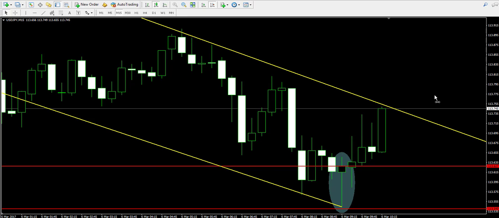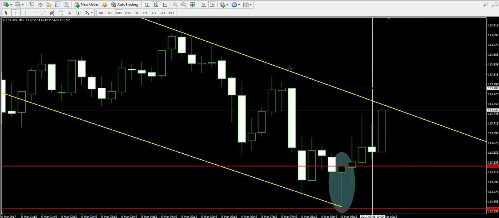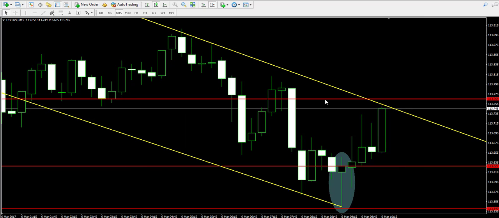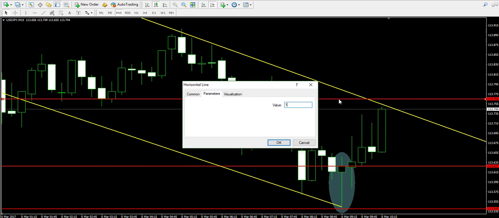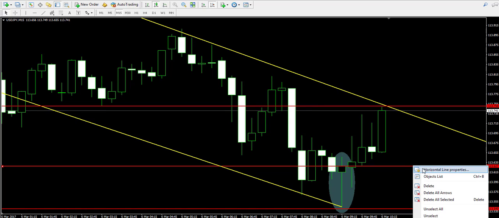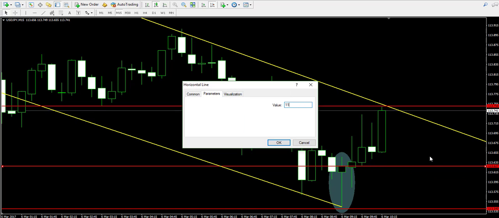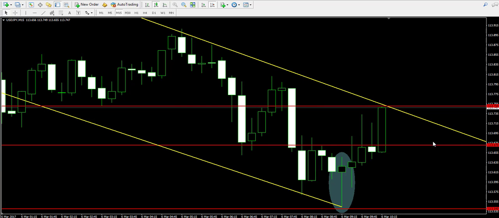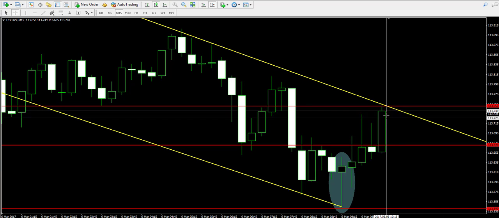Okay guys, we're back 10 more minutes later to see that the price action has reached our take profit order, which was located at 113.75 right over here. We entered the market at 113.67, meaning that we stayed on the trade for this distance.